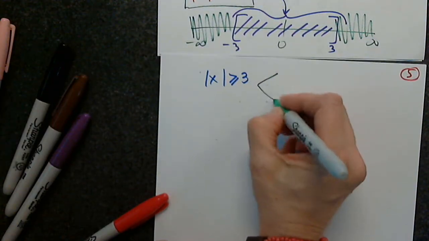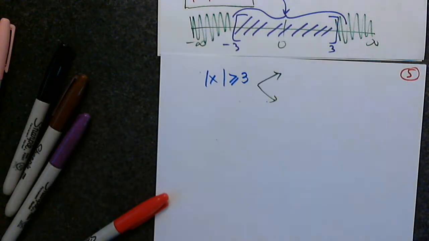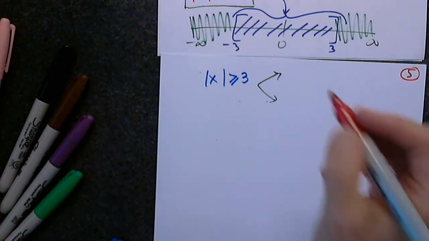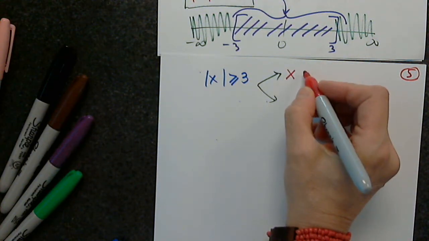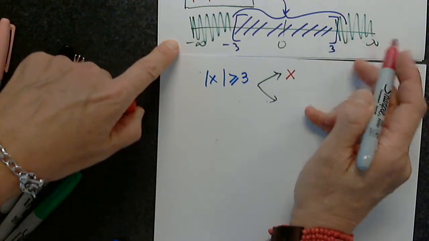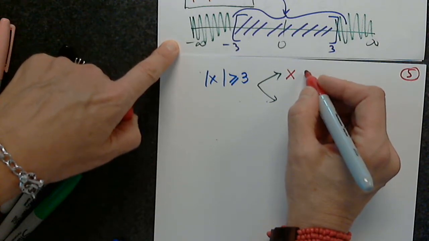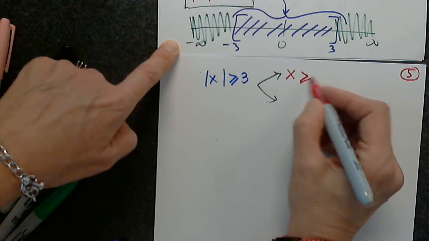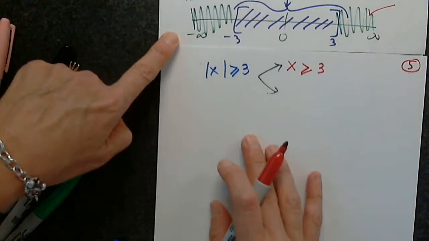So this converts into two separate inequalities that cannot be solved together at the same time like we just did. Can anyone give us those two inequalities? So x is greater than or equal to 3. Perfect. So this is this one. Now I want this one.